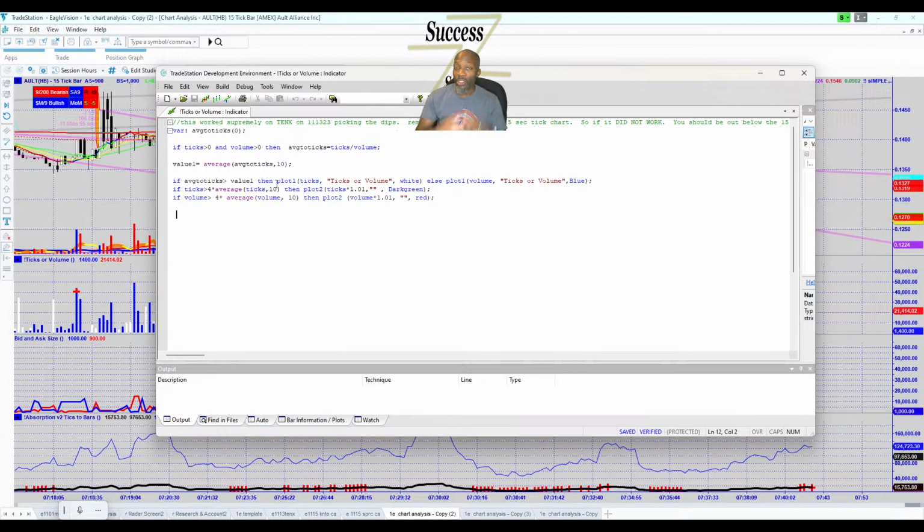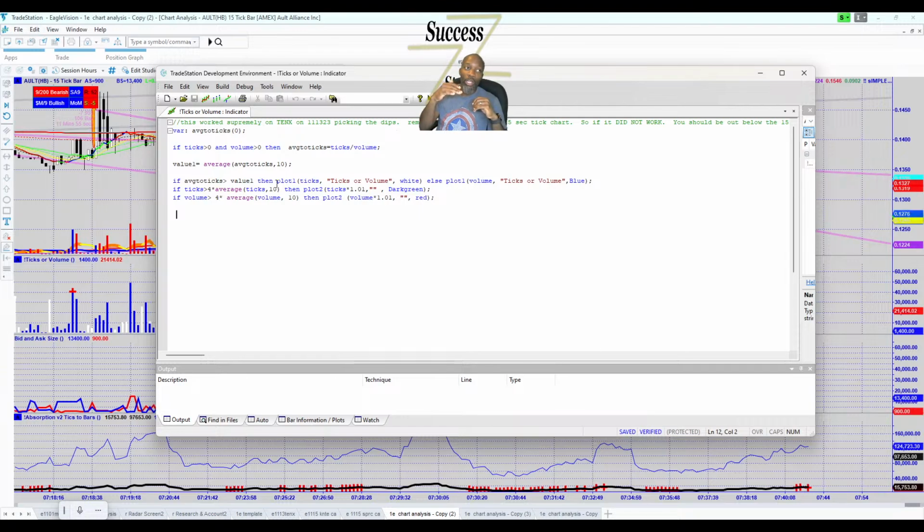So now that you have a ratio, now you have that understanding of that relationship. Now we want to see which one, ticks, trades, or volume, gets out of whack.